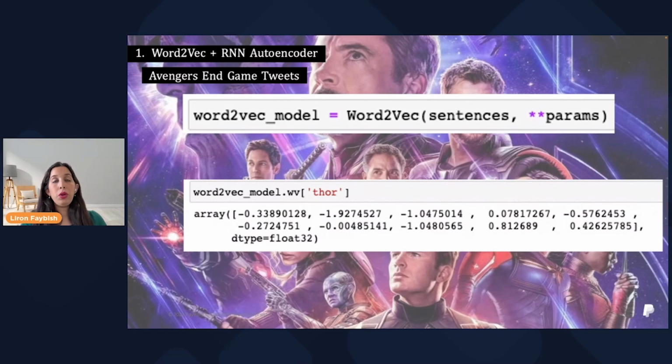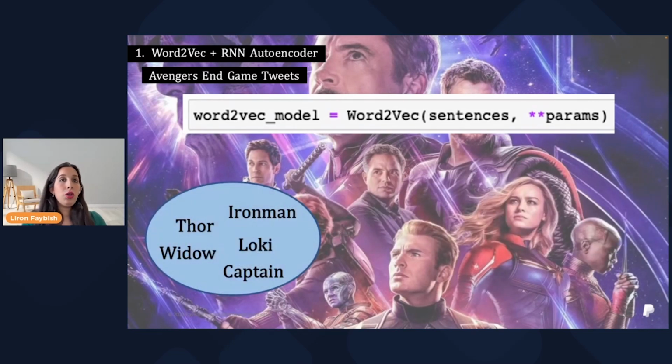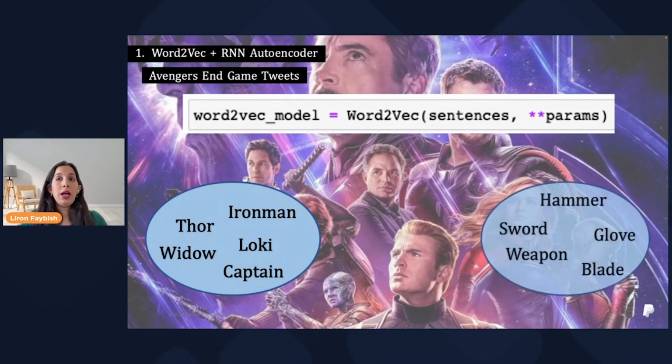Another example: if we look at the vectors of the words Thor, Iron Man, Loki, Widow, and Captain, we see that they are close to each other since all are characters in the movie. And the vectors of the words hammer, sword, glove, weapons, and blade are also close to each other since all are types of weapons.